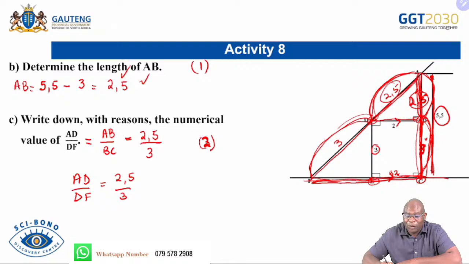So it must be this side and that side that must be equal to make it an isosceles triangle. So for me, this is a good question that tells you about proportionality, that those two are not equal sides, but are in the same proportion.